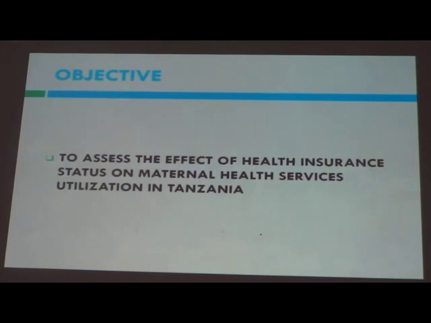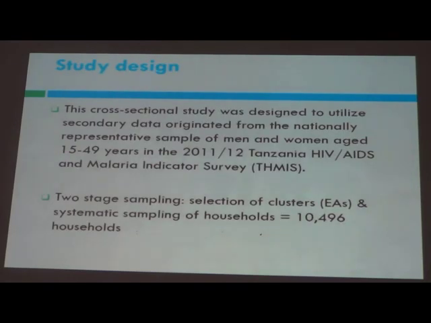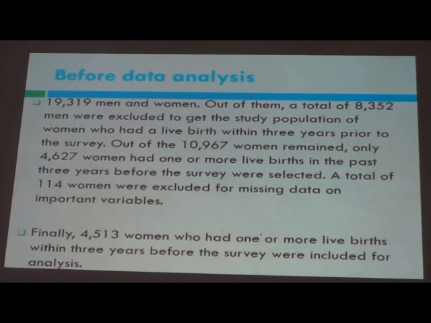So we assessed this using the same data. And this cross-sectional data, we started with the 19,000 men and women. We excluded men, and then we remained with the 10,000 women, and then we only selected women who had a live birth in the past 3 years, and so we remained with 4,627 women.